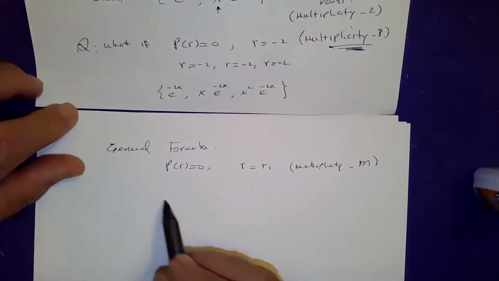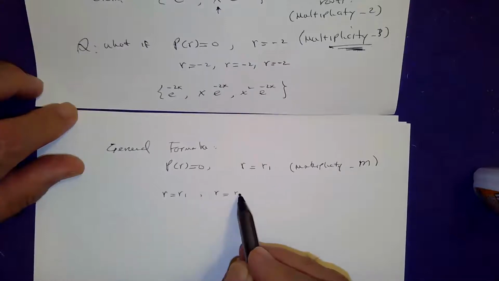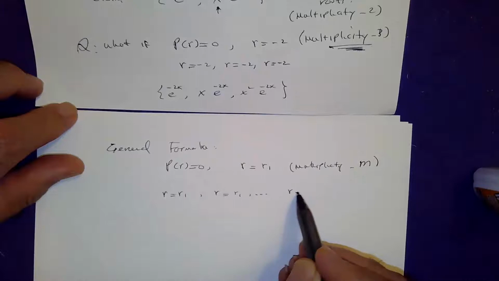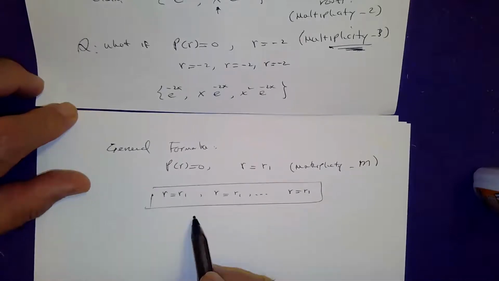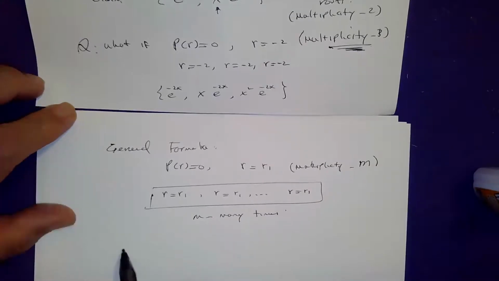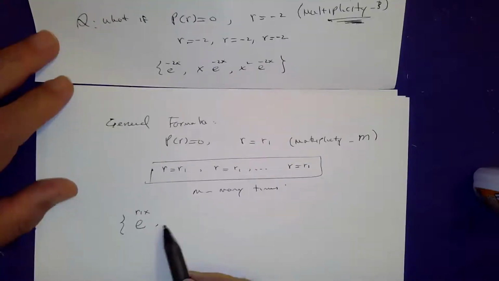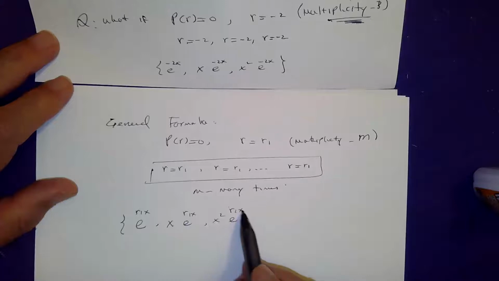Let's say I came up with m many of this same root, m many times. So what would be the fundamental solution? The first one is e to the r1x. What's the second one? x times e to the r1x, x squared e to the r1x.